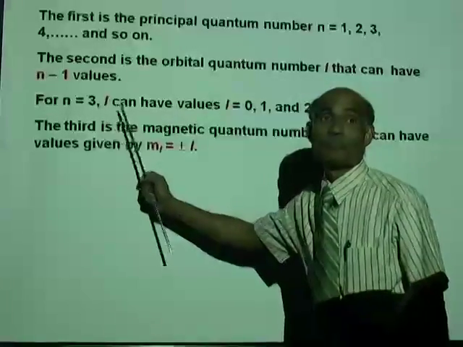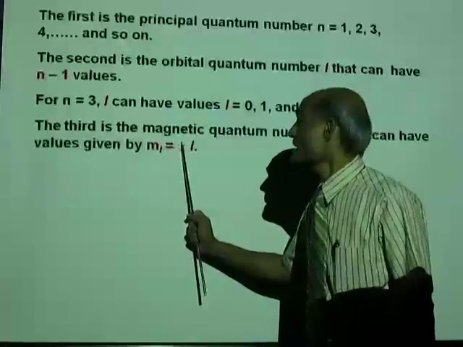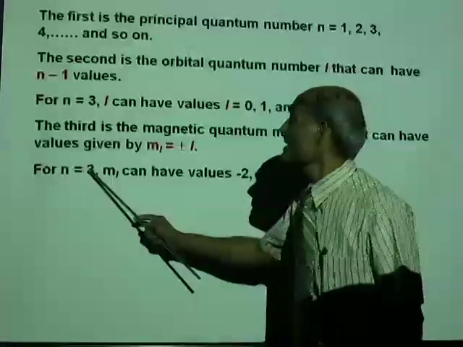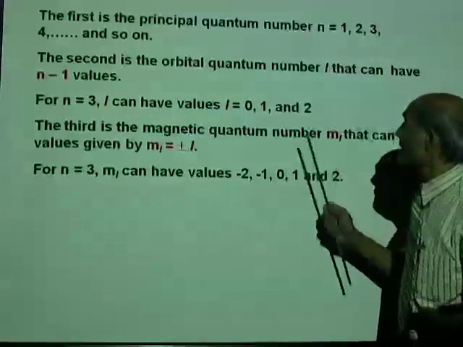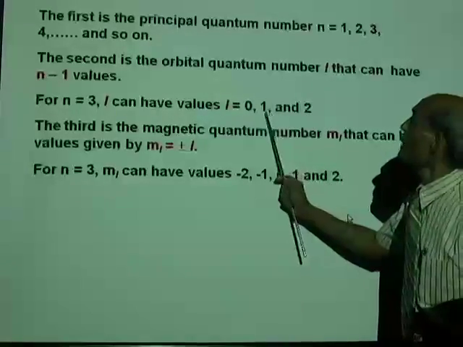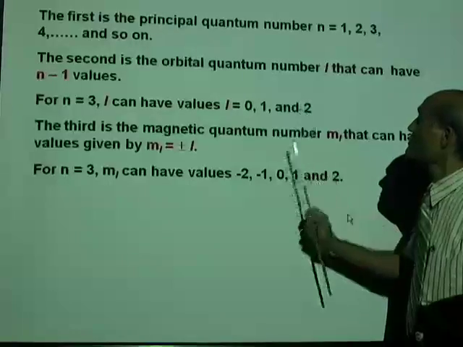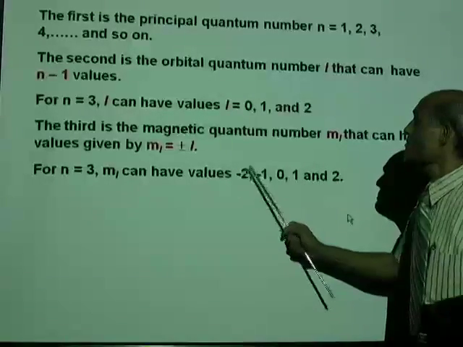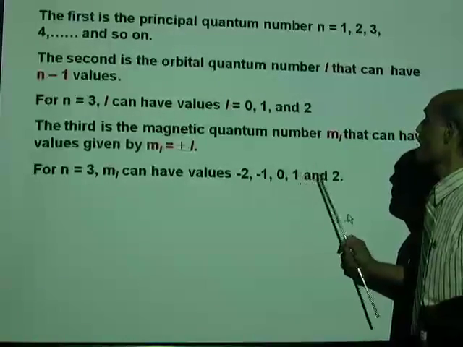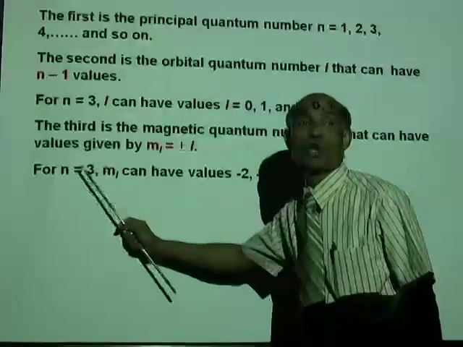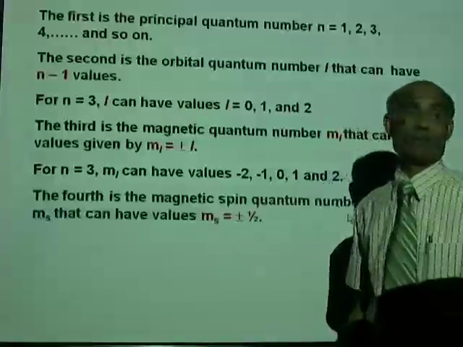Can you tell me? m sub L is plus or minus L. That means for n equal to 3, m sub L can have 2, 1, 0, minus 1, minus 2, that is, minus 2, minus 1, 0, 1, and 2. There are 5 different values of m sub L for n equal to 3.